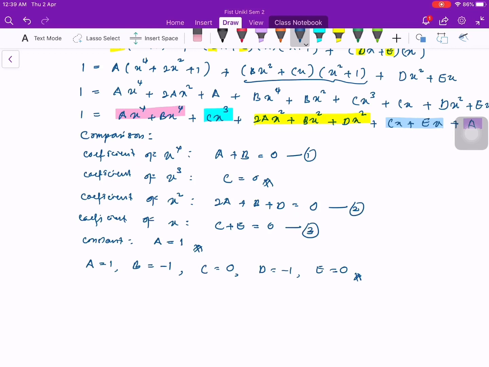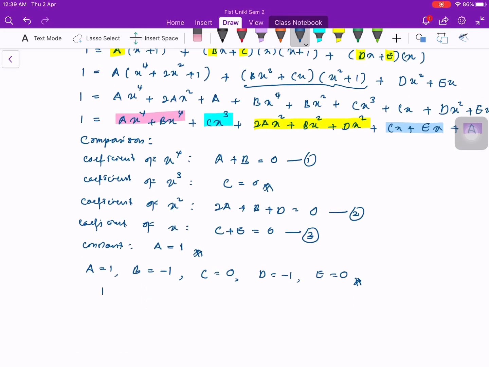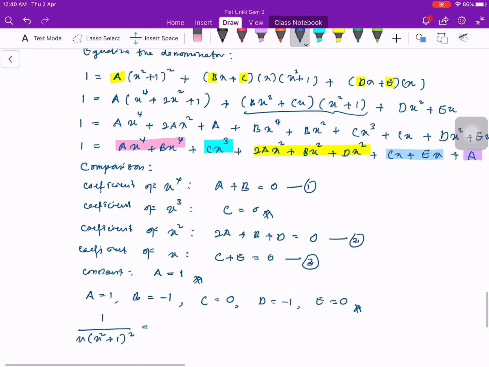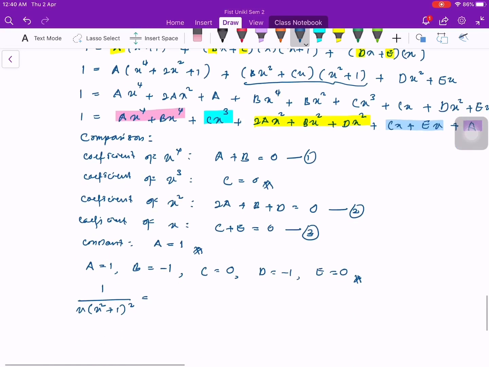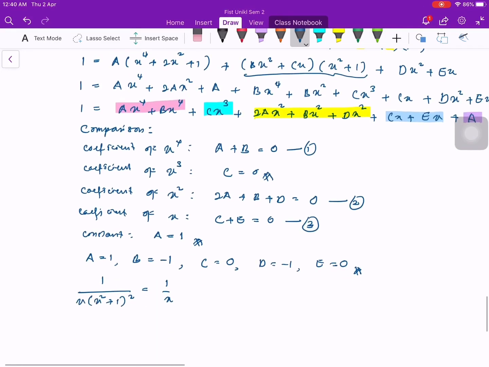Alright, then we compute into partial fractions. So our partial fraction is, so now we have 1 over x times with x squared plus 1 squared, which is we have A over x. So our A is equals to 1. Then we have 1 over x plus bx plus c. So our b is minus 1, c is 0.